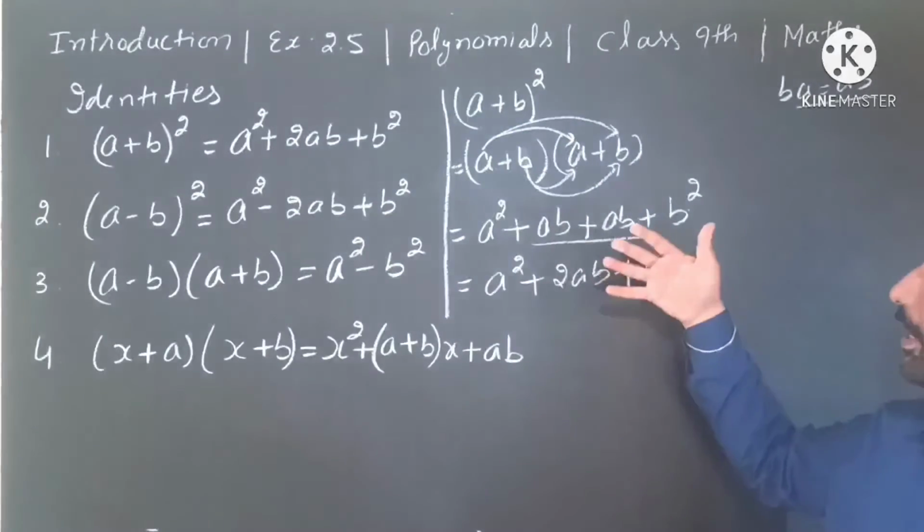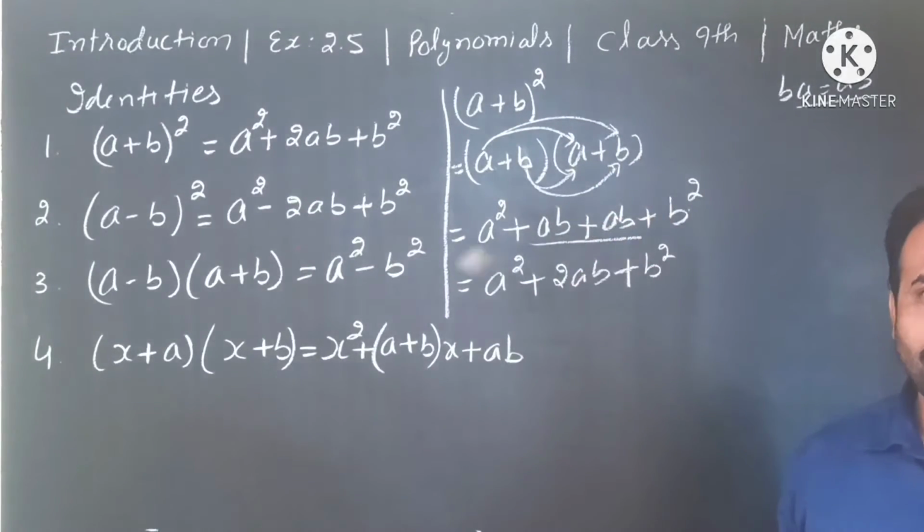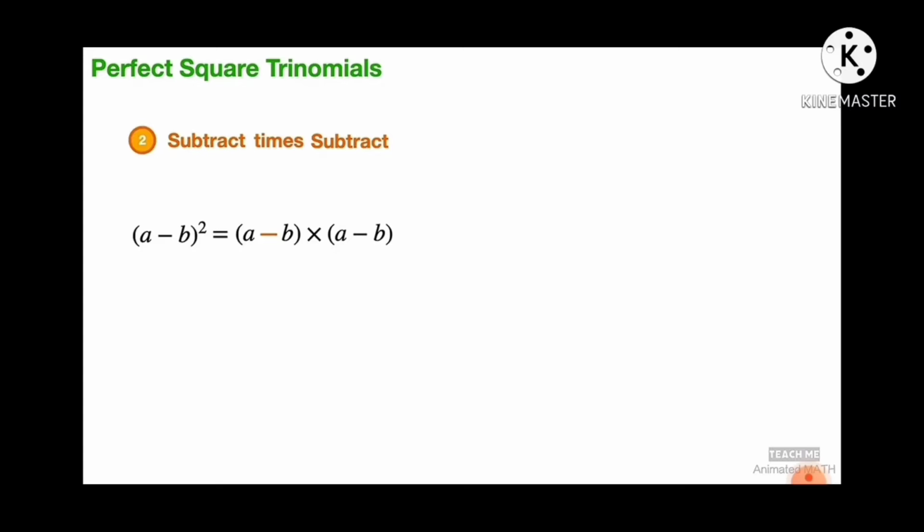Without identities we can solve the sum also. Okay, students, there is a short video of the product (a − b) multiplied by (a − b). How can we multiply? Check the arrow. After that we will combine the like terms.